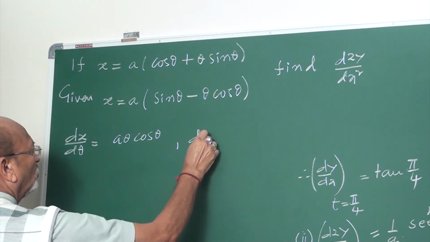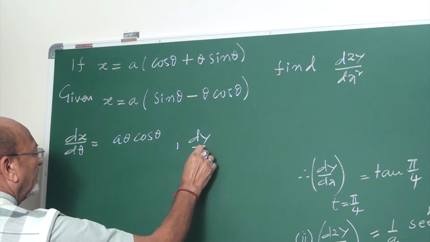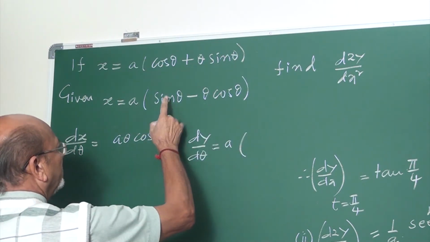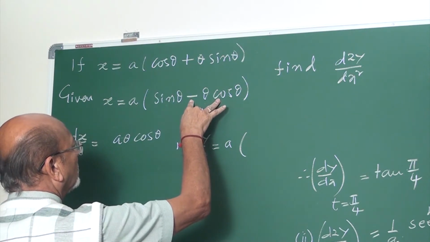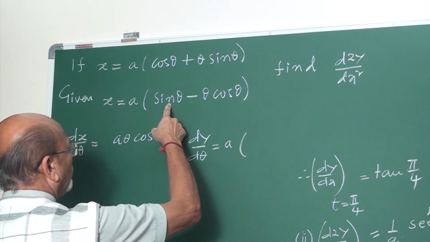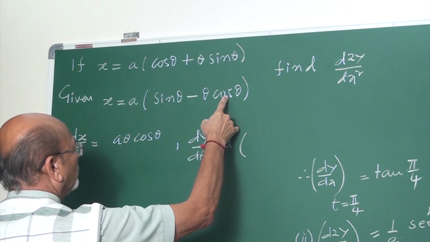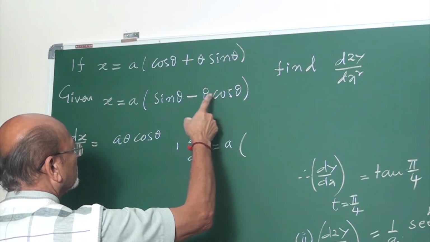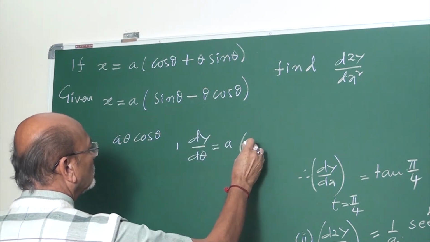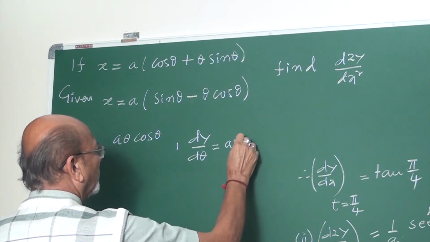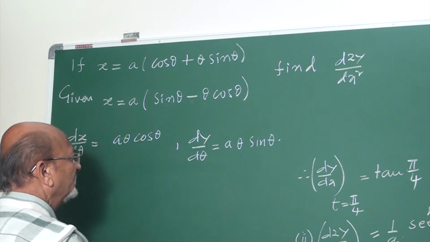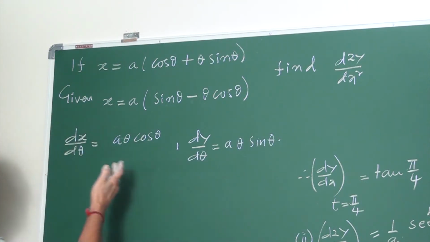Similarly, you know dy by d theta, it is a into derivative of sin cancels with minus sin, cos cancels here. What is derivative of cos? Minus of minus, it cancels. You are left with a into theta sin theta. This is dy by d theta. Everything is done.